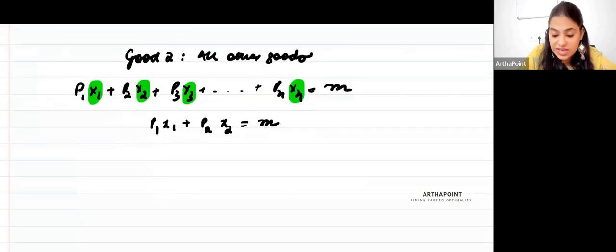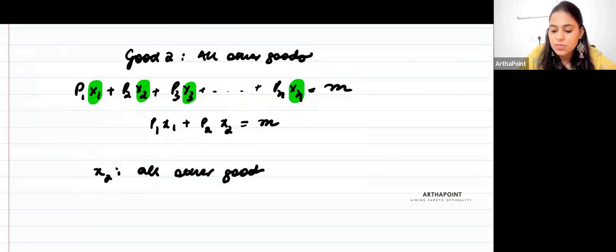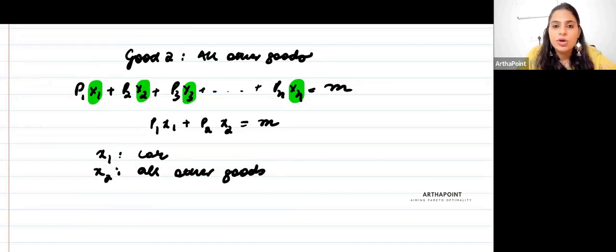But now x2 is not one commodity. x2 represents all other goods. And x1 maybe represents a car. So sometimes we want to focus a lot on just one good. So we keep that good as the first good, and all other goods become my second good.